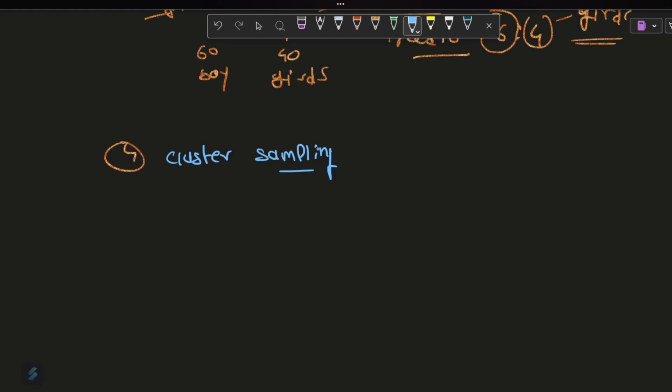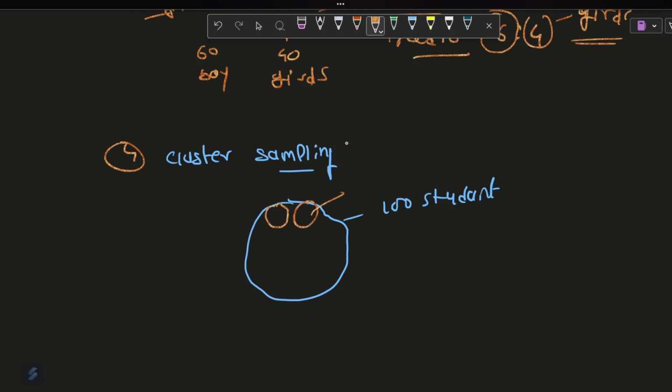When you talk about cluster sampling, basically say that's a classroom, and we have 100 students. In that case, the teacher makes 10 clusters, with 10 students in one cluster.